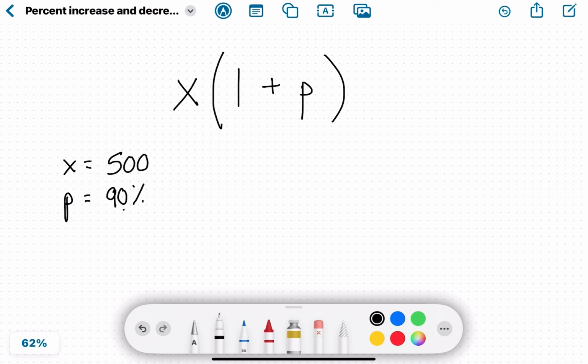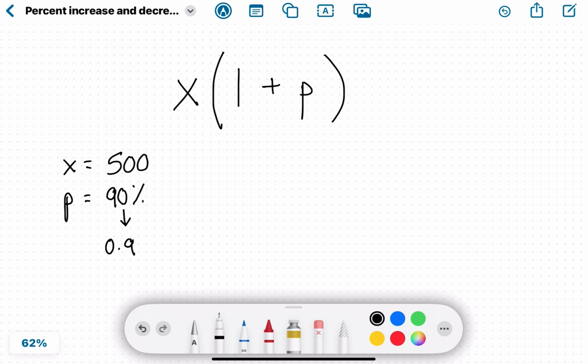But to turn this into a decimal, we can't do 1 plus 90. That does not work. If we did 1 plus 90, that would be like increasing the number by 9,000%, I'm pretty sure. Way larger than what we wanted to do. So 90% into a decimal would be 0.9.